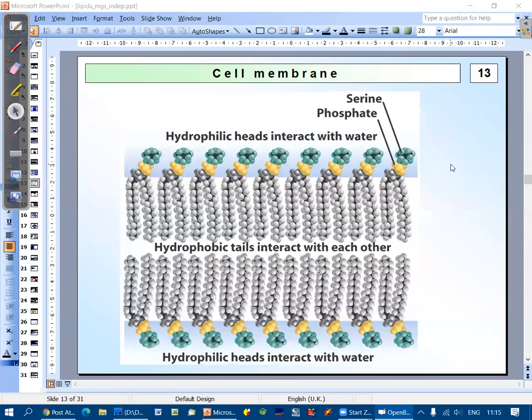Lipids are components of the cell membrane. This is, drawn schematically, a part of our cell membrane. Hydrophobic, non-polar hydrocarbon tails of all fatty acids are directed inside the cell membrane.